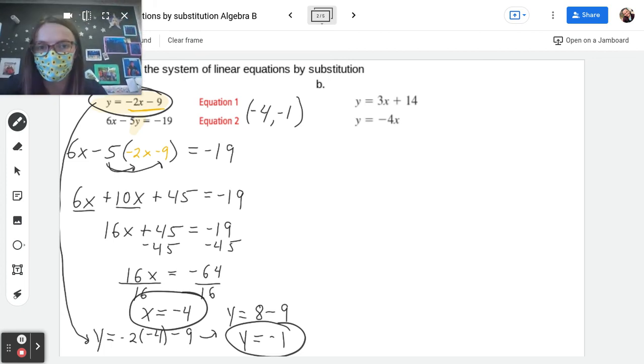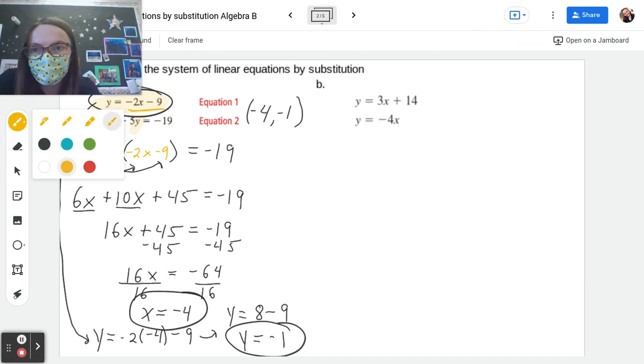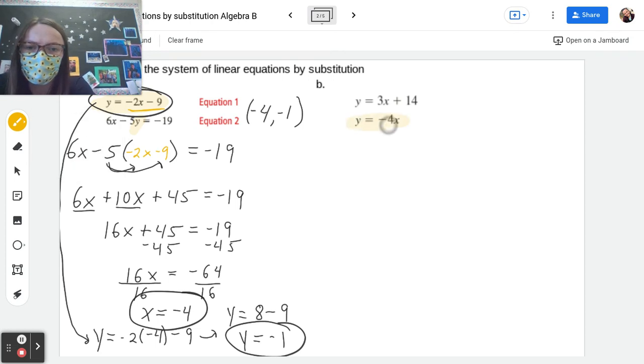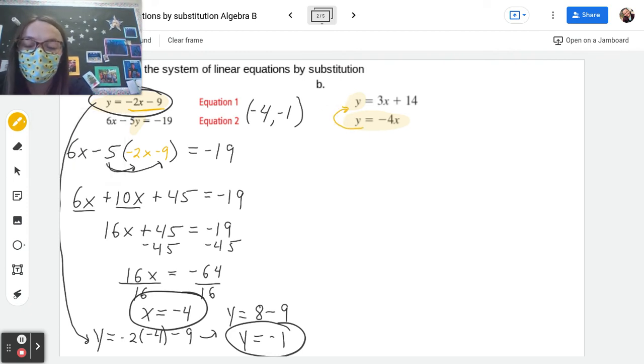So let's do a couple more problems. The next one, y is solved for in both of these. So we're just going to pick the one that looks the easiest. The one that I think looks the easiest to substitute in is the smaller one, which is y equals negative 4x. There's a y here and a y here, so I'm going to substitute in this y in here.